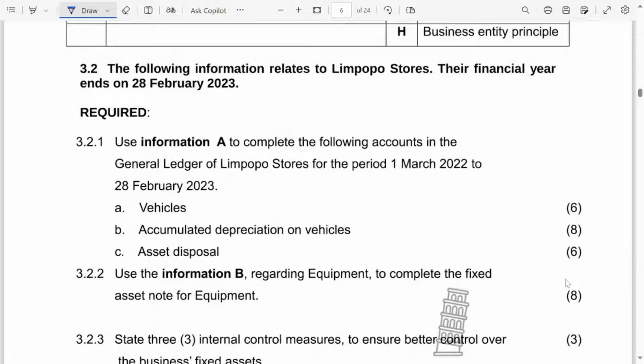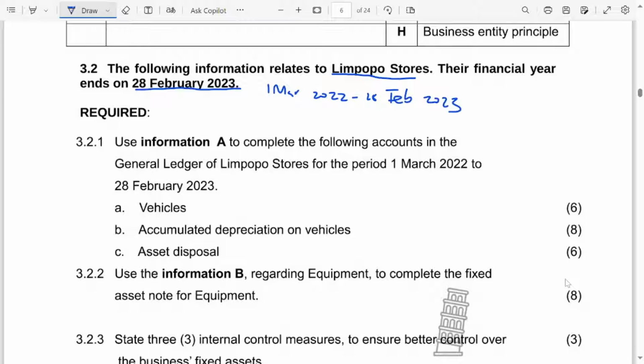3.2. The following information relates to Limpopo stores. Their financial year ends on 28 February 2023. So the year ends here, meaning that this year starts on 1 March 2022 and ends on 28 February 2023.